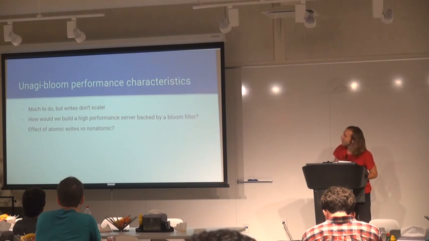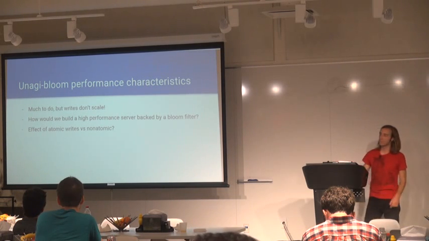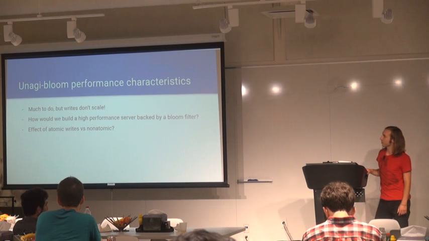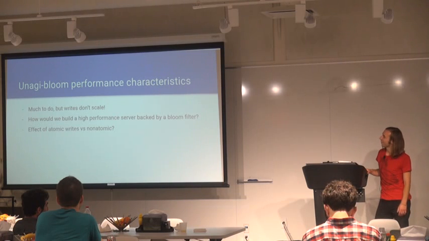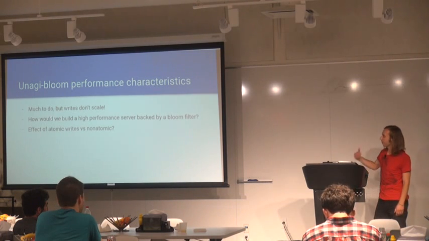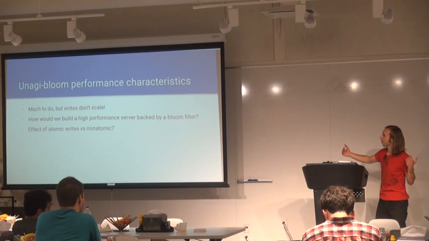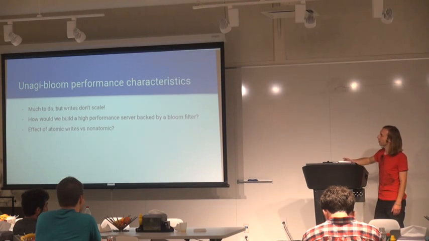Oh yeah, writes don't scale very well, or at all actually. This is all stuff I played with last night. Every write entails a probable cache miss, especially if your array is really big, and so there's a lot of cache coherence traffic.